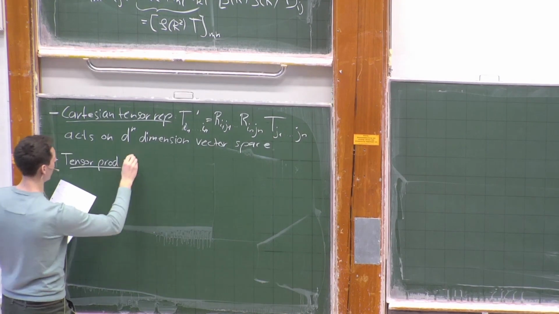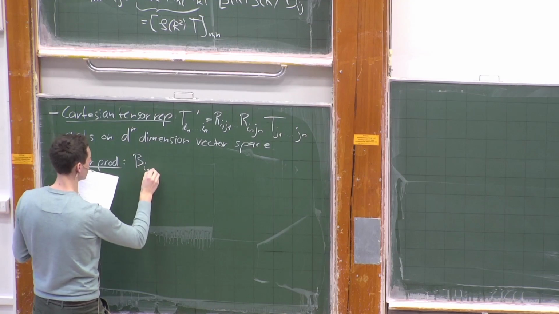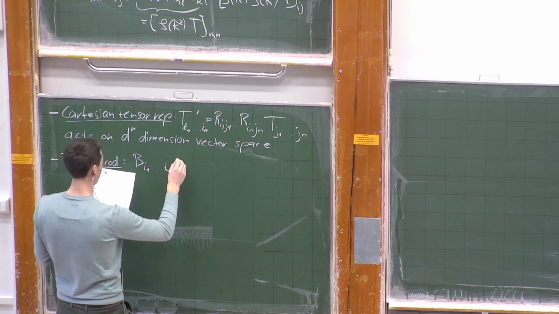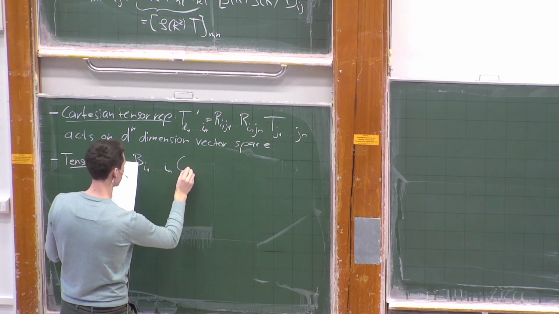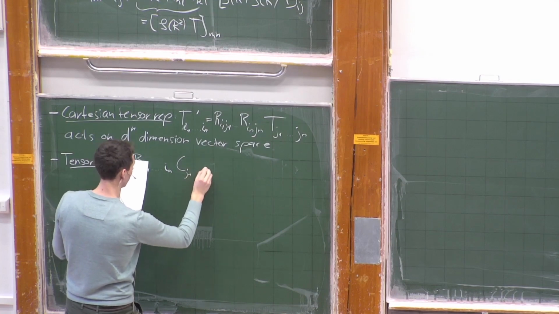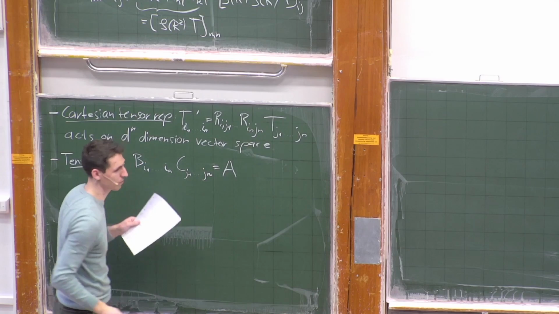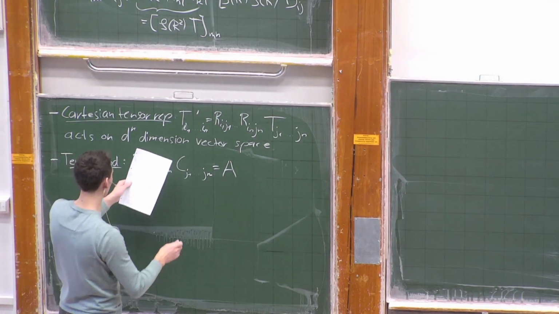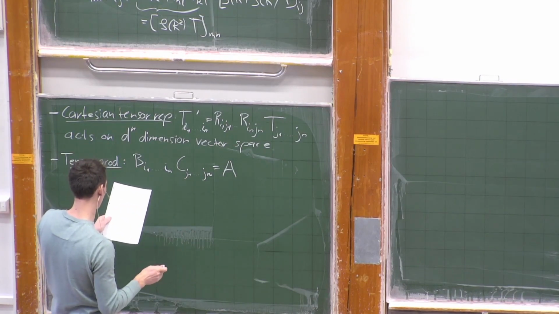Namely, if we have one tensor which has indices up to n, and then we have another which has indices up to m, then what we do in order to get a new tensor by the tensor product is just we take all of the combinations of indices and then take all of the possible products.